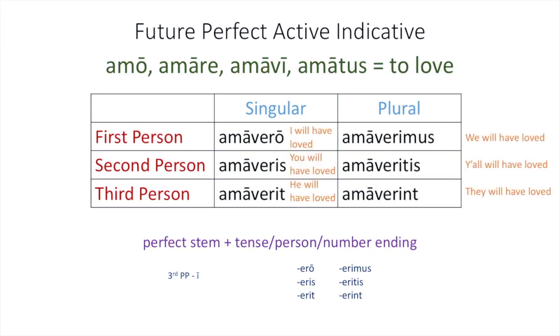So once we add on all of these endings, you have the entire form, amavero, I will have loved, amaveris, you will have loved, amaverit, he will have loved, amaverimus, we will have loved, amaveritus, y'all will have loved, and amaverint, they will have loved. Okay, once you've copied all of these down, let's look at how we use these in some sentences.